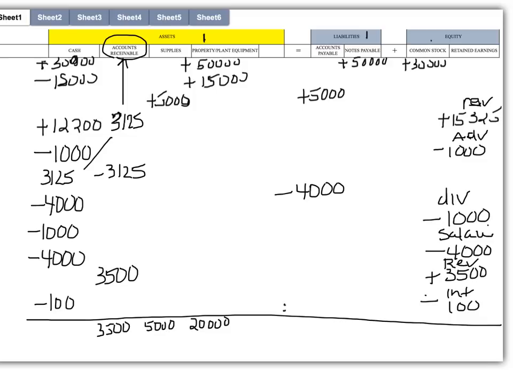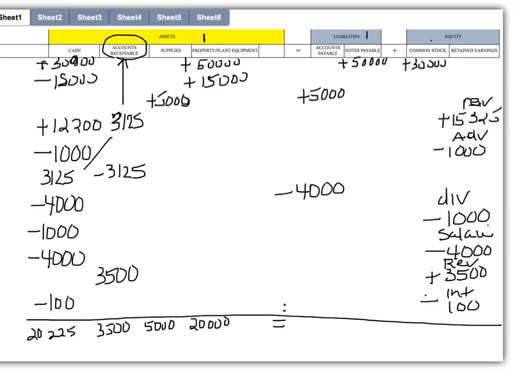Okay, plus 12,200 minus 1,000 plus 3,125 minus 4, minus 1, minus 4, minus 100 gives us, you guys double check it too, 20,225. And obviously you can pause it during any of this calculation.